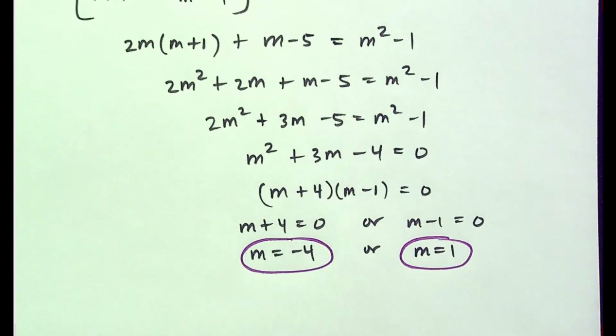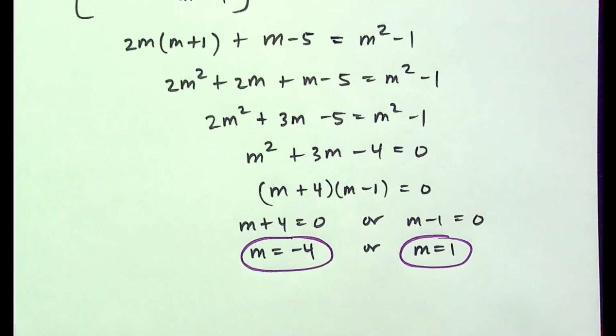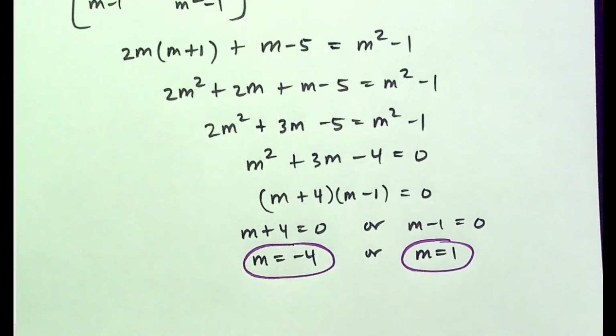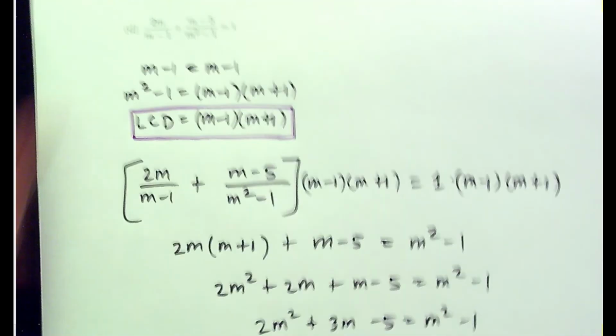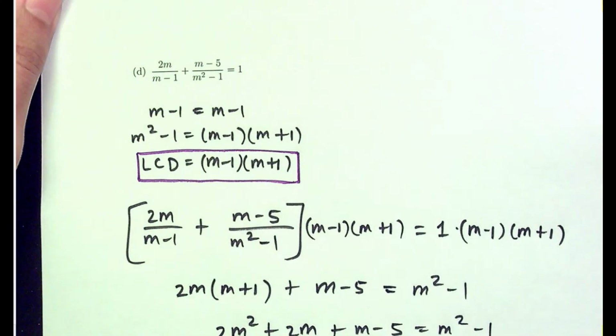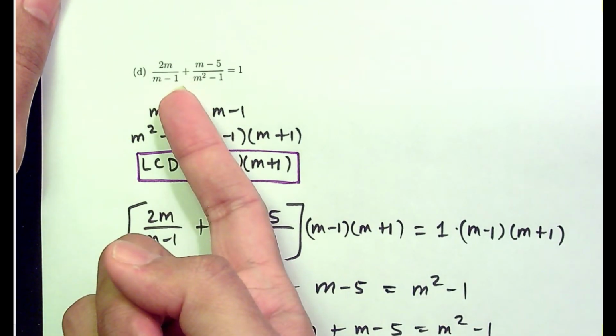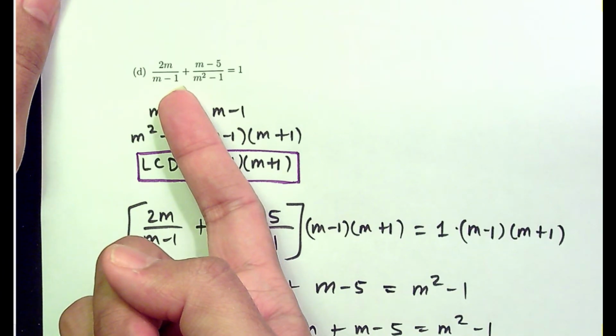Now we should not forget that for rational equations, we have to check whether our answers make any sense. We need to check whether they make any of the denominators equal to 0. So let's start by checking m equals 1. Go back to the original equation and see if it makes any of the bottoms equal to 0. And indeed, if I plug in m equals 1 here, that denominator would be 0.